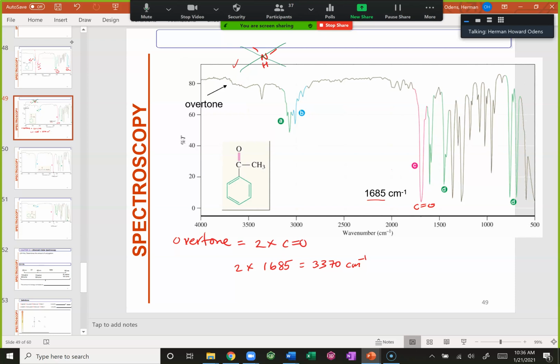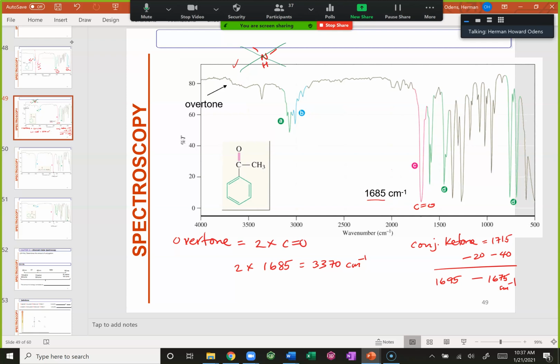A conjugated ketone starts at 1715 and you subtract 20 to 40, right? So your range will be 1695 until 1675 per centimeter. And this number is right in the middle. So we're good, we're dealing with a conjugated ketone with an overtone.